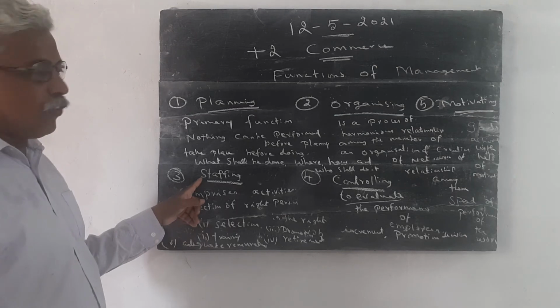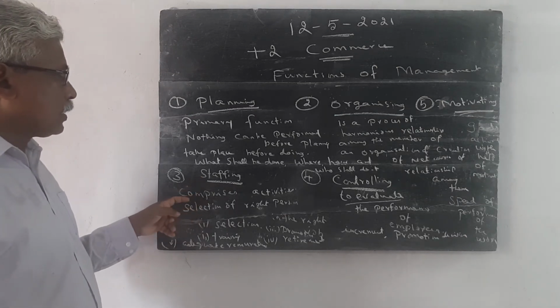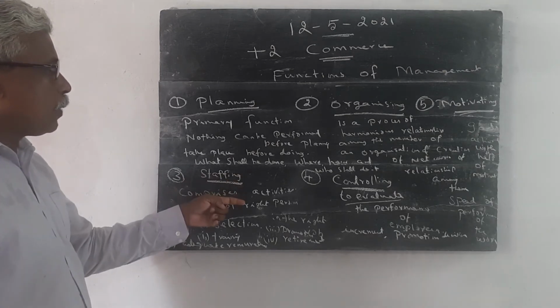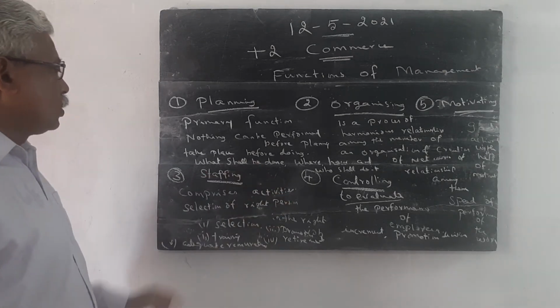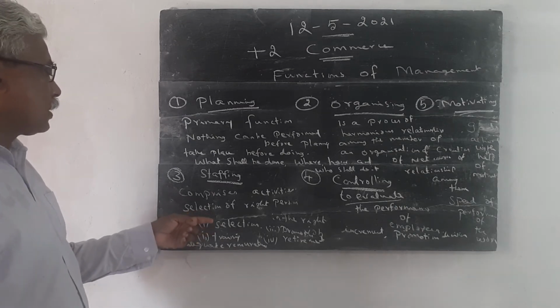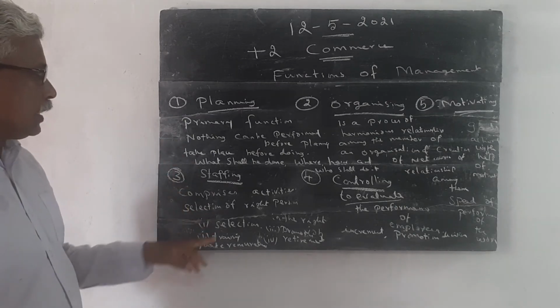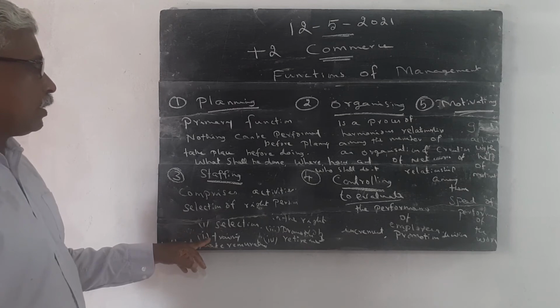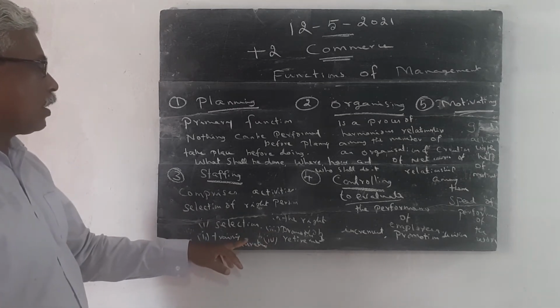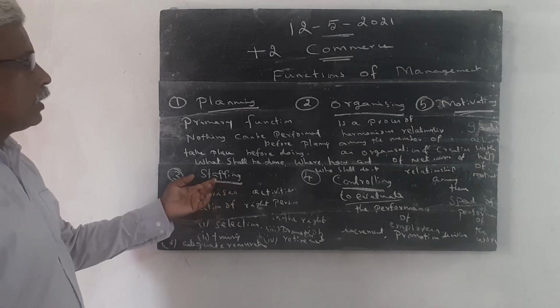Point number 3, staffing. Staffing comprises activities of selection of the right person in the right job. So staffing includes selection, training, promotion, retirement, and adequate remuneration.